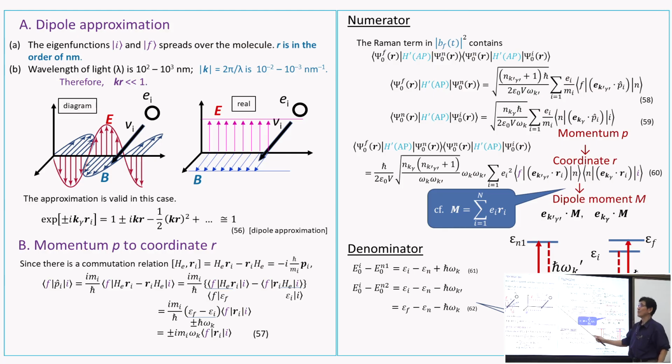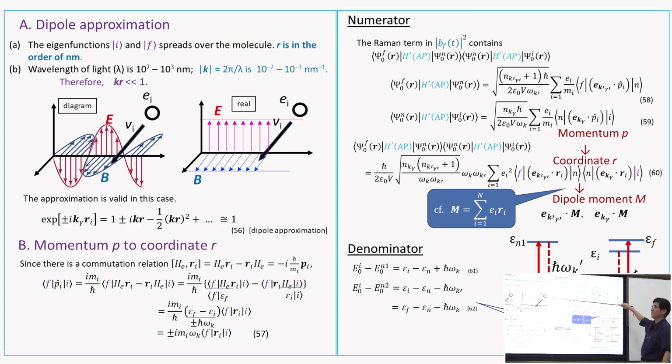The molecule is on the order of a nanometer. For the electromagnetic field, one period is 500 nanometer, 100 times different. So when we focus on the size of the molecule, the electromagnetic field should be almost constant, not such a curve.